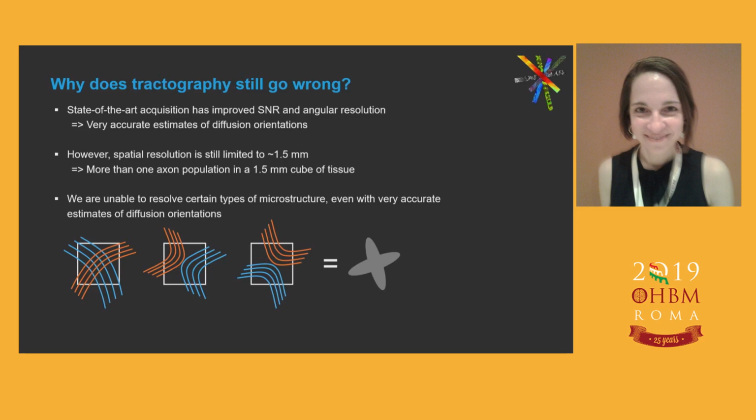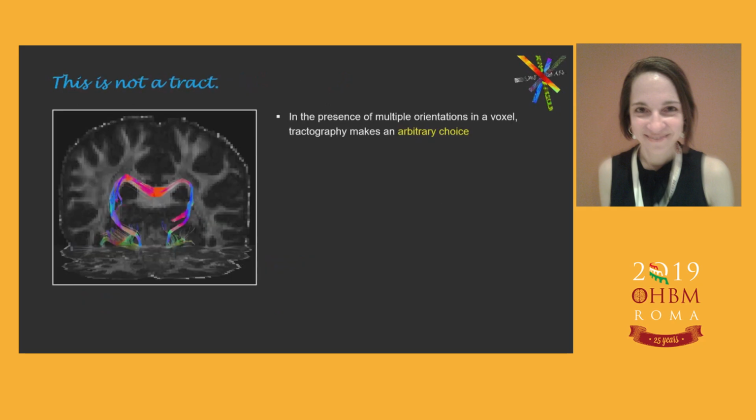And this means that when tractography reaches that voxel, it will not know which of these peaks to choose, and so it will have to make an arbitrary decision. And sometimes these decisions will be correct, and sometimes they will be incorrect.